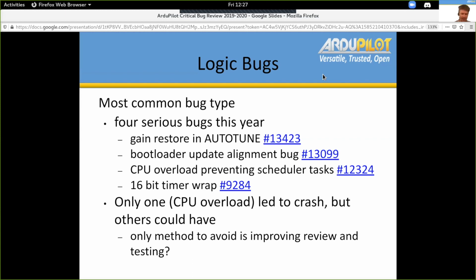Some of these we can prevent by having a suitable auto test for them. So, for example, using EKF origin in place of home for Copter's current location, that was actually caught by an auto test.